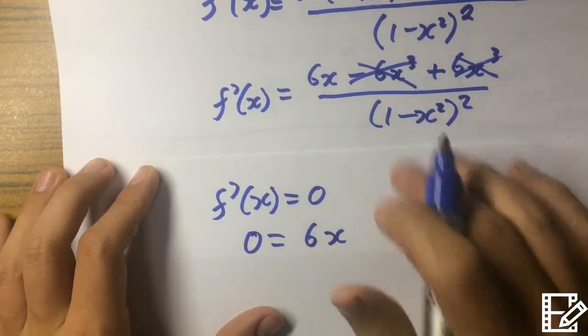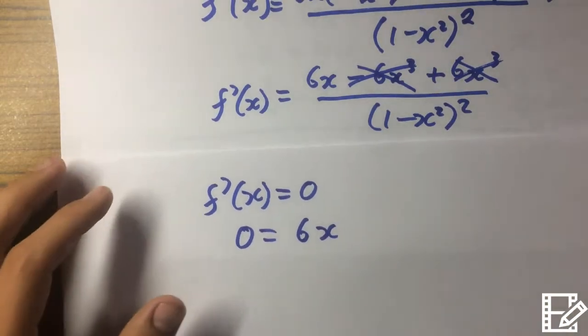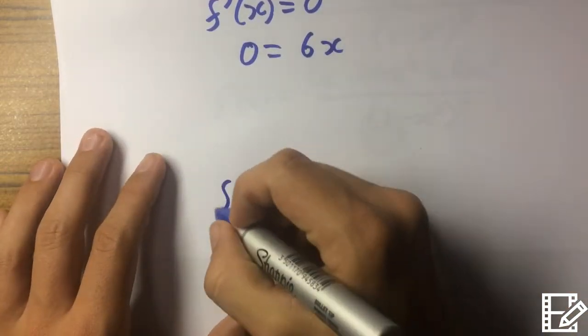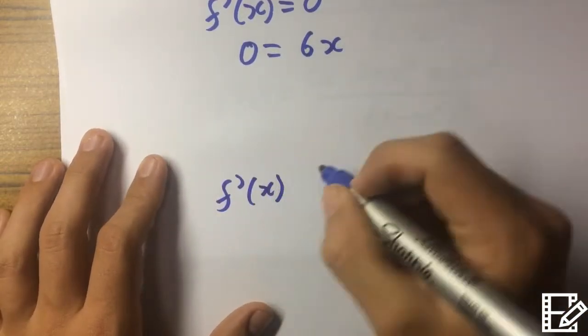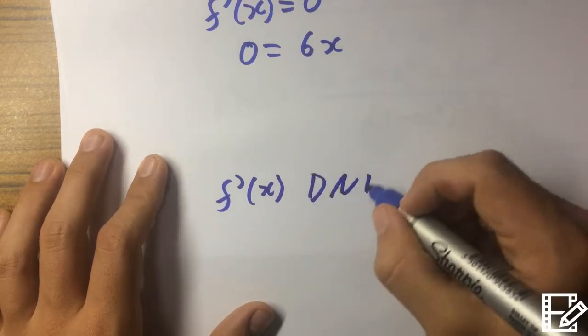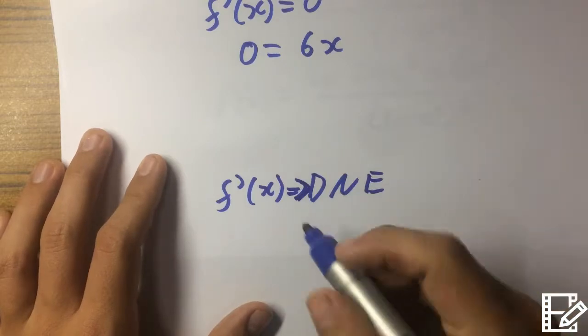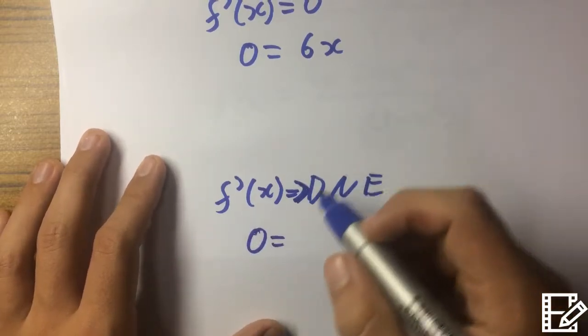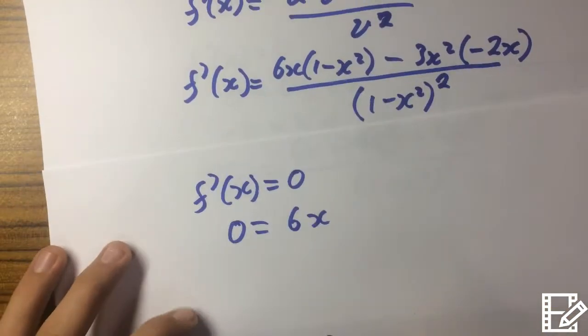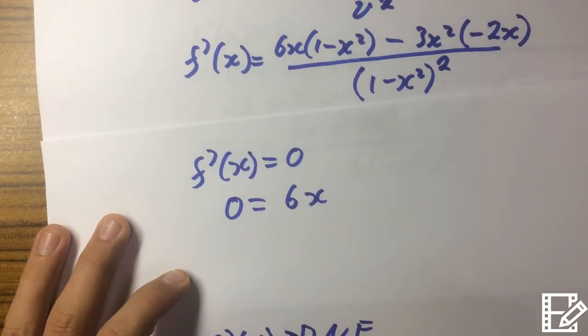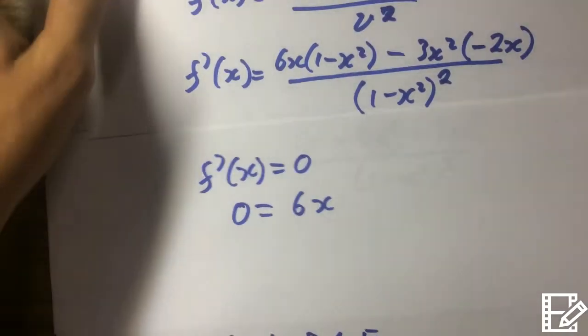You don't focus on the bottom half. Later, when you set the derivative as does not exist or is undefined, then you set 0 and you have the bottom. And the bottom in this case is 1 minus x squared, all squared.